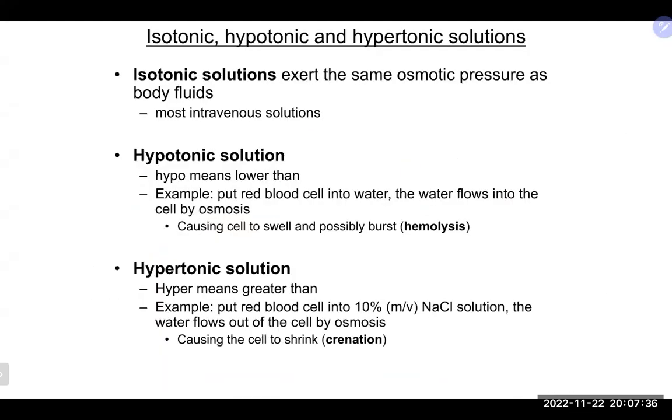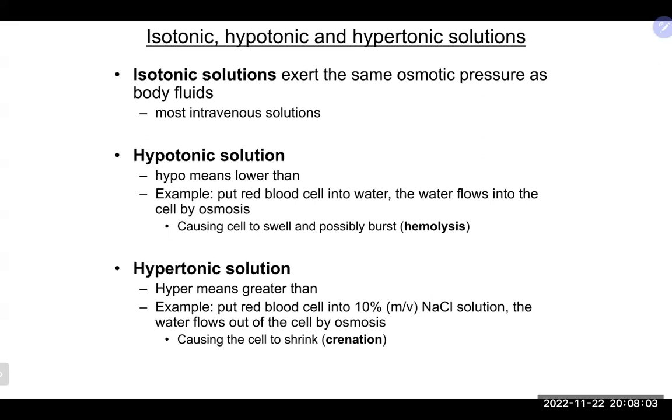All right. Now, there are really 3 ways to describe solutions, and that is isotonic, hypotonic, and hypertonic. Isotonic solutions exert the same osmotic pressure as body fluids. Isotonic solutions are typically IV solutions, because if you're getting an IV, you probably don't want something that's going to screw up your cells.